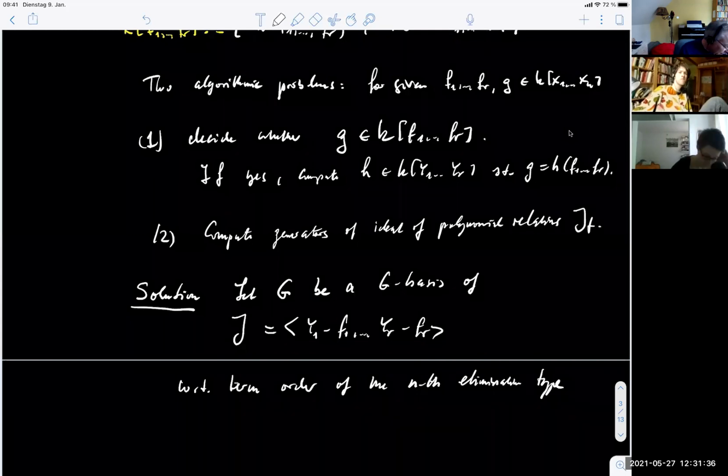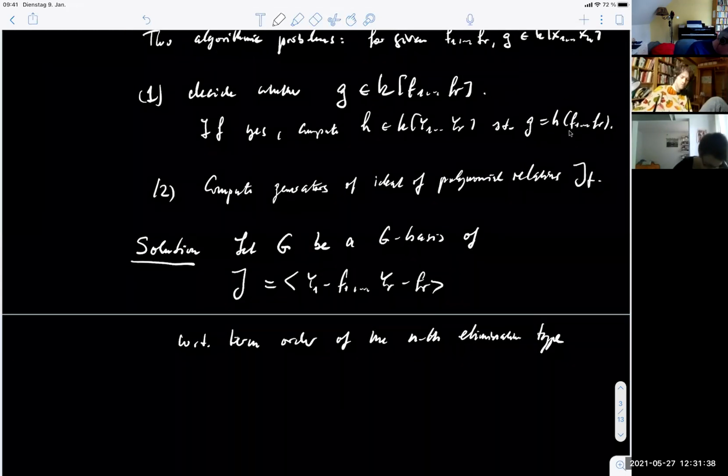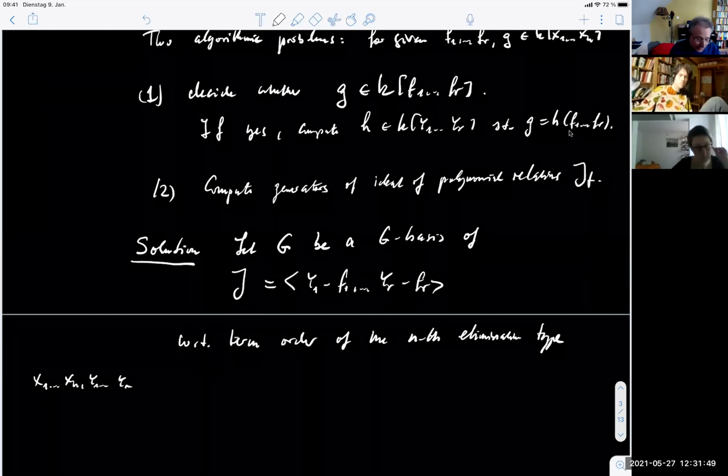So what is important here? What does it mean to say the nth elimination type? I have to order my variables. So the meaning is I order them this way. First I have a block of x variables, and then I have the block of y variables.